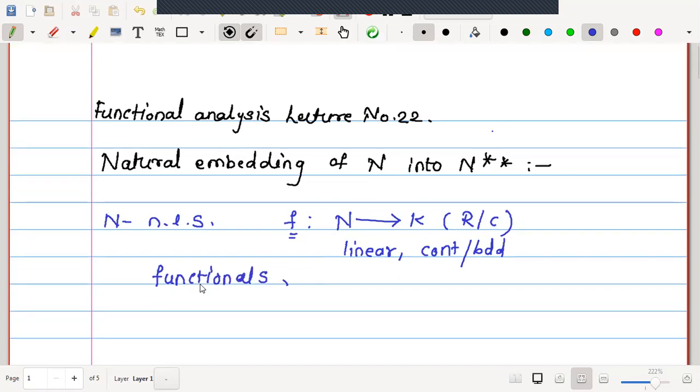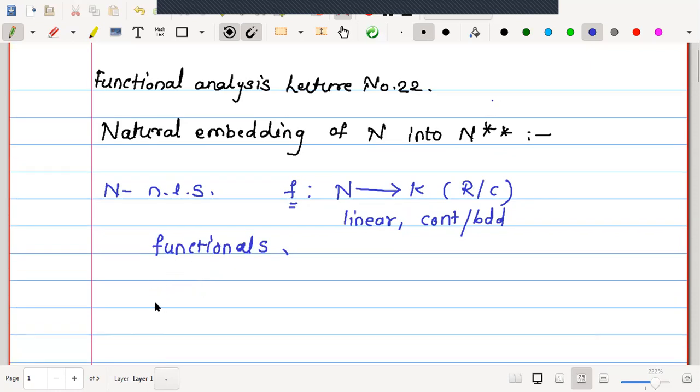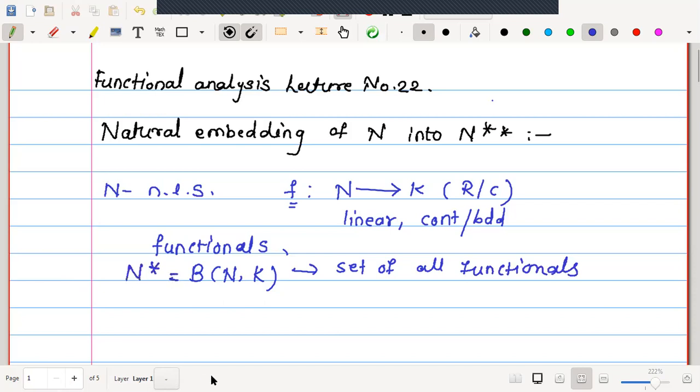These functionals were taken into a set denoted by the symbol B of N comma K, because B of X comma Y is the symbol we have used for all the linear and bounded, or linear and continuous, functions defined from X to Y. Here also this functional is a function which is linear as well as continuous or bounded, defined from N to K. Therefore the same notation will be followed, B of N comma K. This is the set of all functionals, and the set of all functionals is denoted by a special symbol, N star.